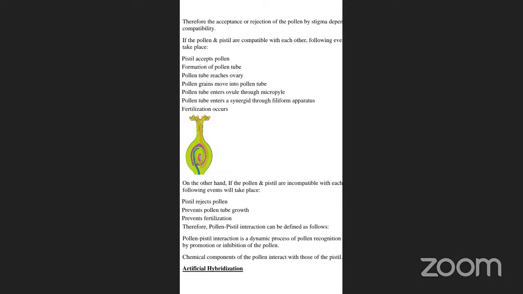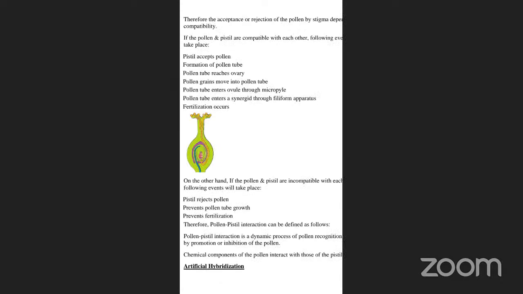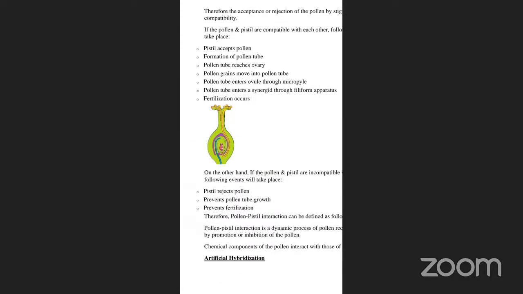If the pollen and pistil are compatible with each other, the following events will take place. The pistil accepts the pollen and a pollen tube is formed.